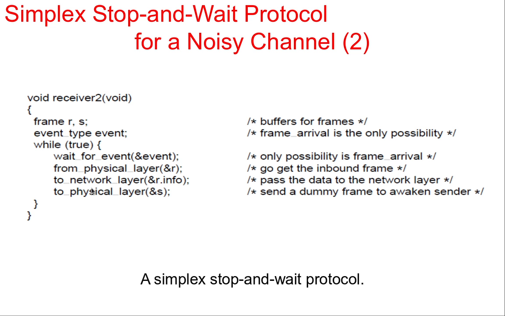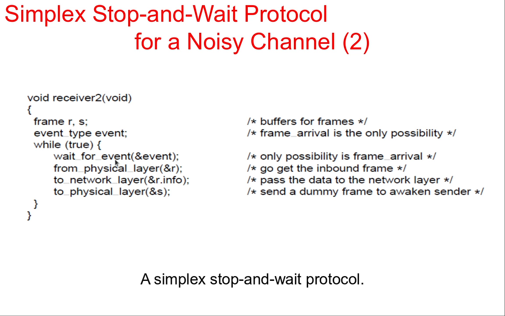At the receiver, here it has got two frames, first for accepting the actual data frame, and second for sending as an acknowledgement back to the sender. So once again only one event is possible, which is frame arrival. So in an infinite loop it checks wait for event. The first event possible is that a frame has just been arrived from the physical layer.